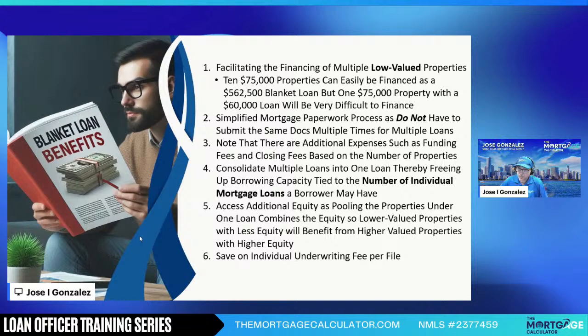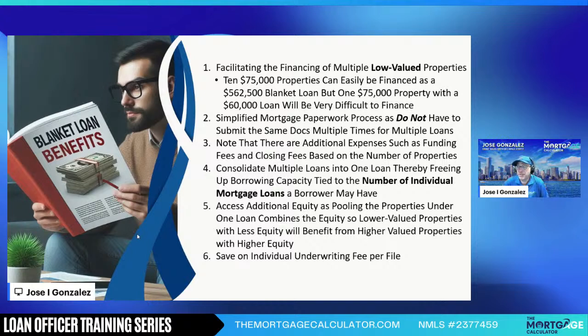And then I did touch on this earlier. You can save on the individual underwriting fee per file. Individual underwriting fee in non-QM could be as high as $1,500, $1,600, $1,700, sometimes even a little bit more, depending on the investor where the file is being submitted.